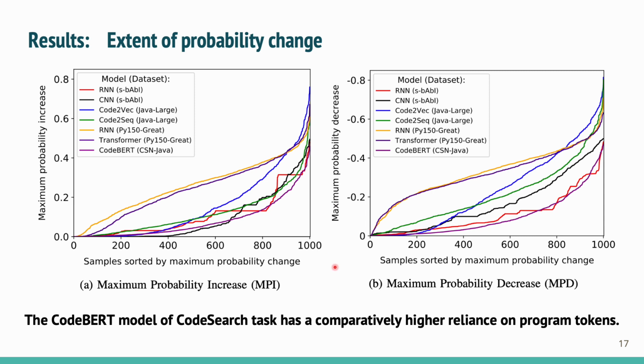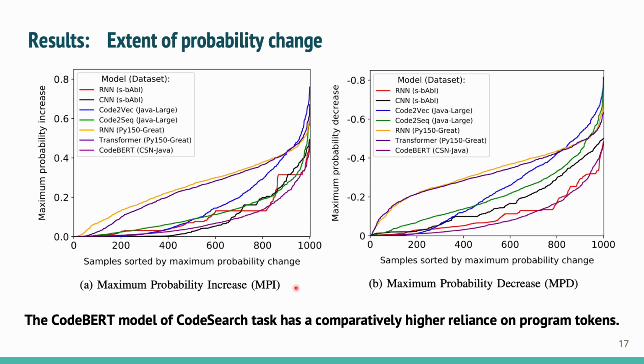In this research question, we analyze the level of distractor that causes a significant change in the model's confidence. We mainly examine the maximum probability increase and maximum probability decrease in the model's prediction score change. The x-axis in those figures shows the number of samples we consider in this experiment.